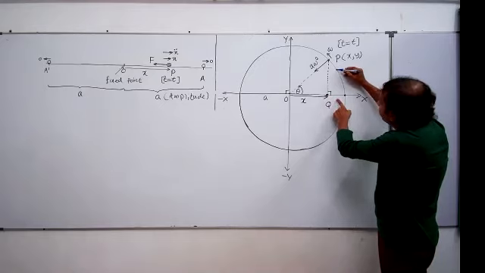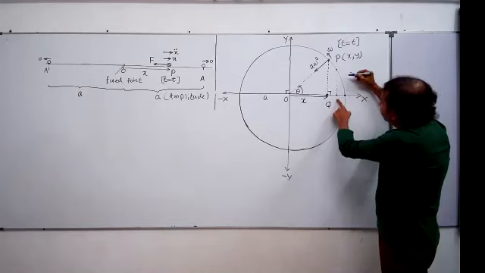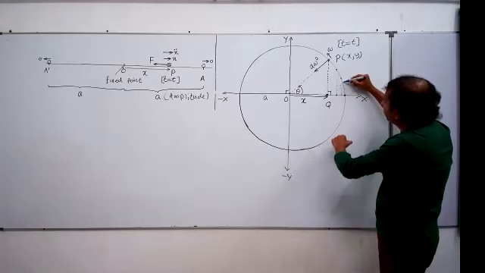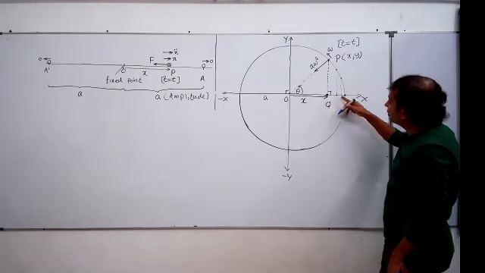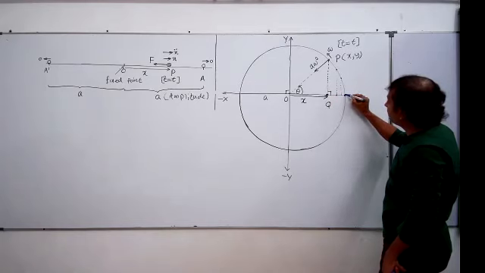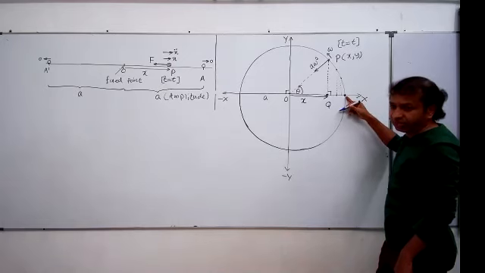When P is here, Q is here. Like that, once P comes along the circle to this point, Q comes toward this point. And finally, when the point P is here, Q is also there. That's a very obvious thing, no?